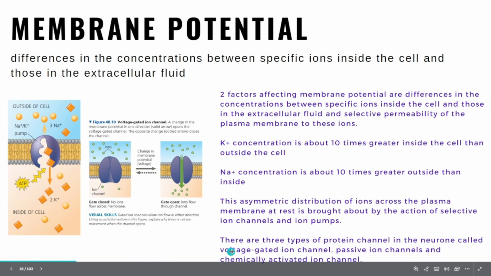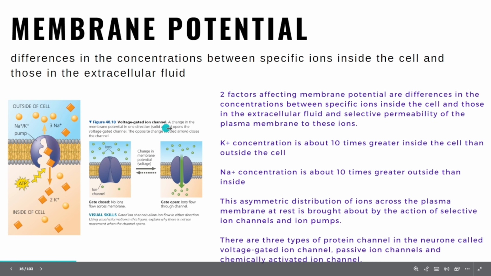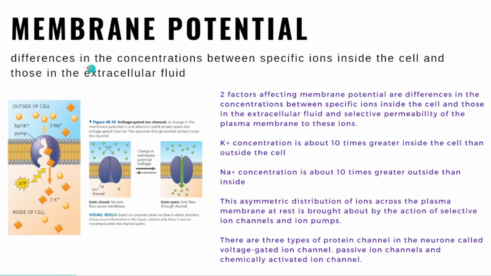But there is another key channel, which is the voltage-gated ion channel. This channel is very important to maintain the membrane potential because, in the resting potential state, the voltage-gated ion channel is closed. All the channels are closed.